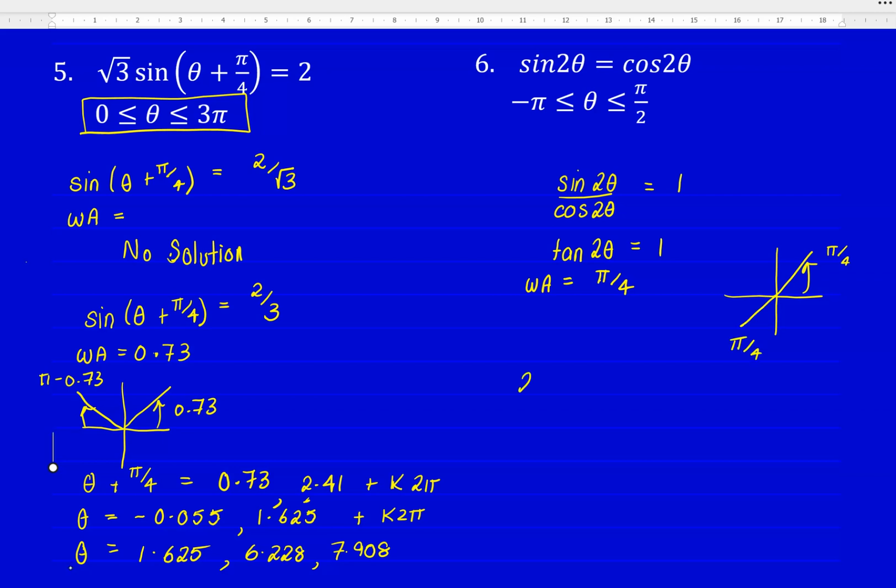So therefore 2 theta equals pi on 4 and, not 3 pi on 4, so a whole pi plus a pi is 5 pi on 4 plus k, be careful, remember it's tan, so it's k pi. We get rid of the times 2, so that's going to be pi on 8, 5 pi on 8 plus k pi over 2.